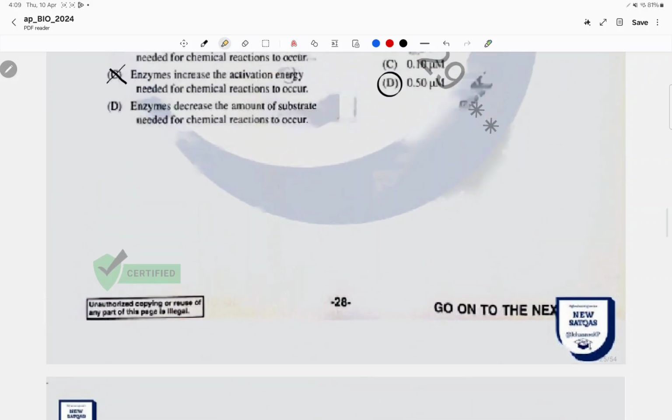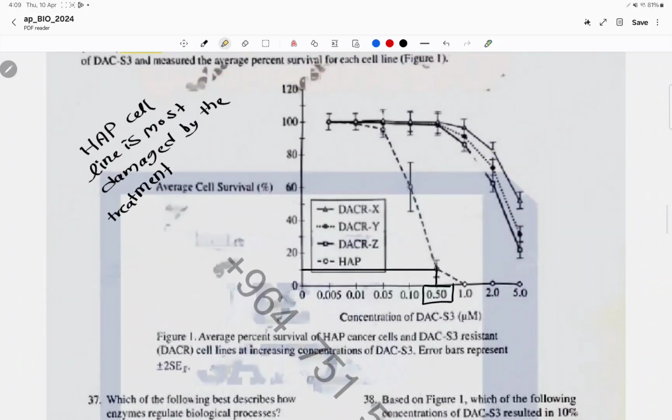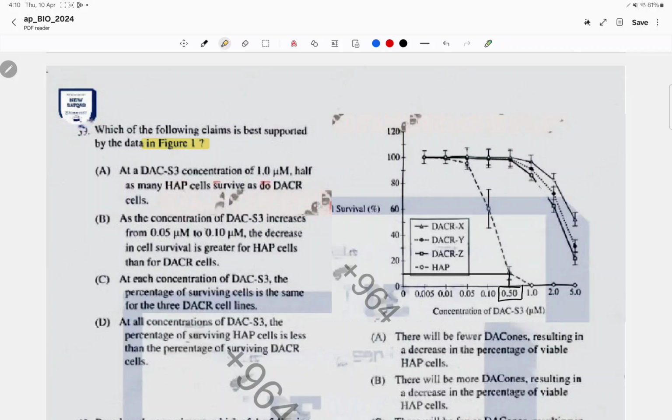Let's just bring it here close to us. Okay. So at the DACS3, is that "at" or "as"? I think it's "at." At the DACS3 concentration of 1, which is the x-axis being a 1.